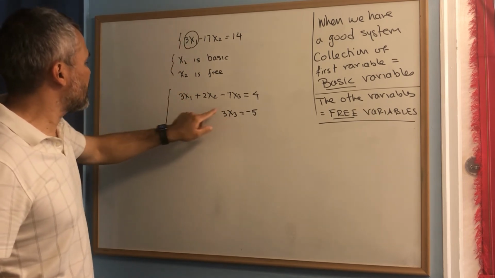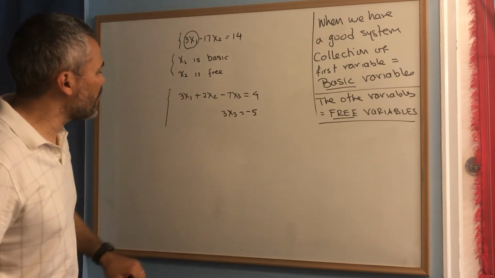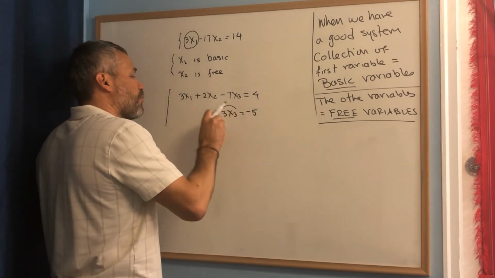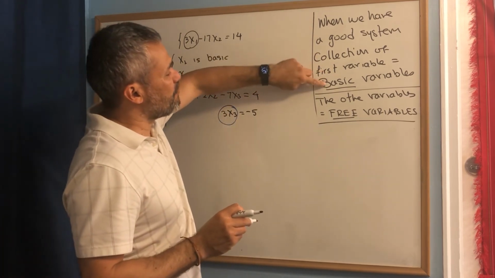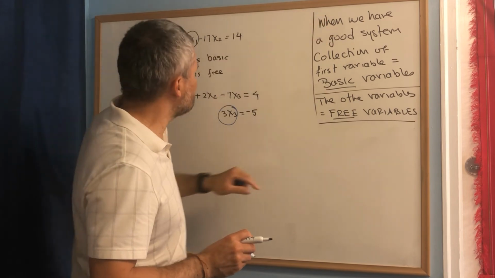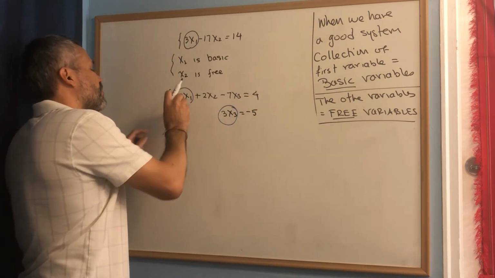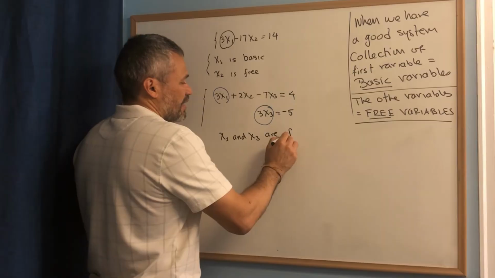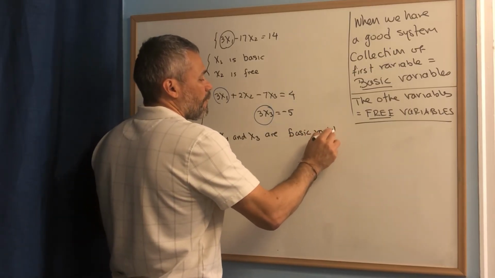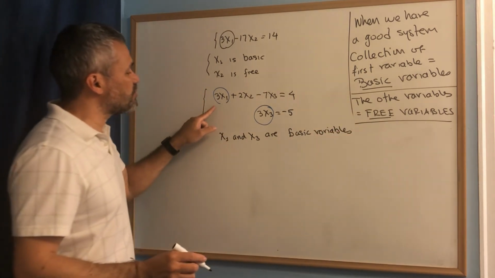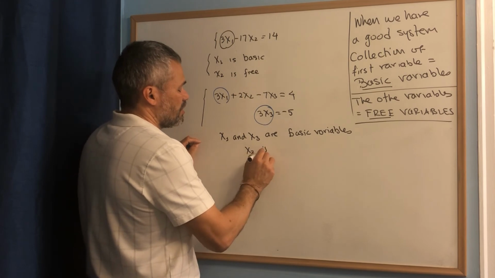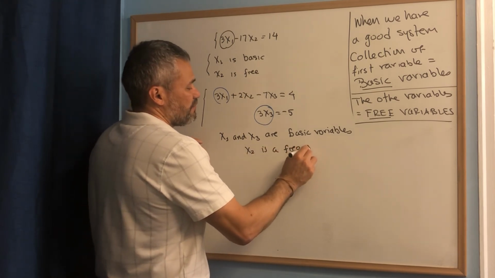In this case, x3, the index 3 is bigger than the index 1. This definition of basic variable and free variable only works when we have a good system. Then these first variables, which are x1 and x3, are called basic variables. And those variables that are not basic are called free variables. x2 is a free variable.